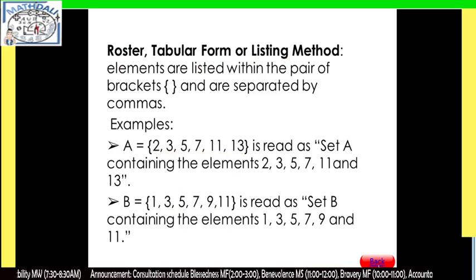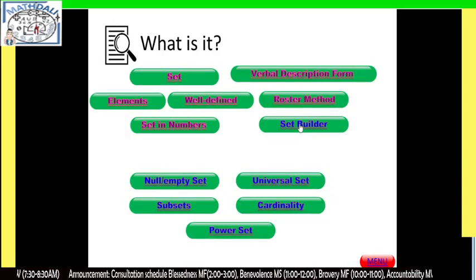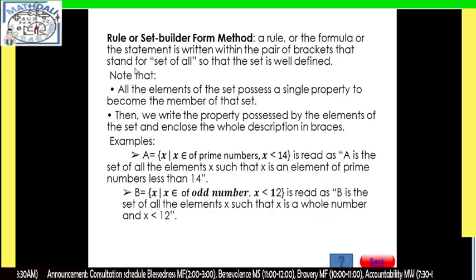Next, let us have the last one, the set builder, or that is the rule method. A rule or the formula or a statement is written within a pair of braces that stand for set of all.